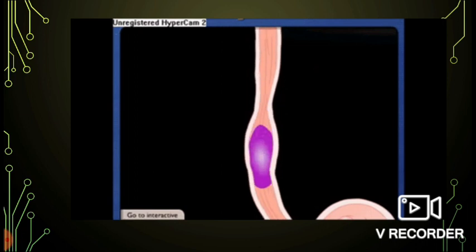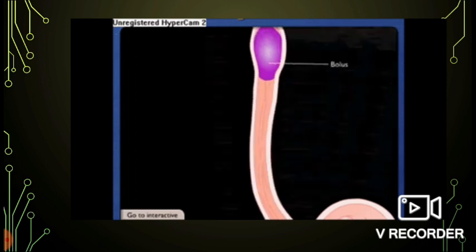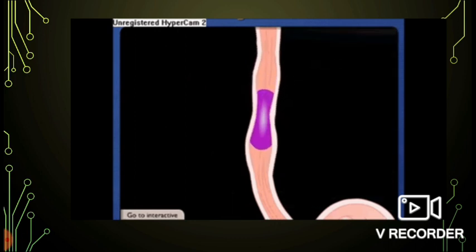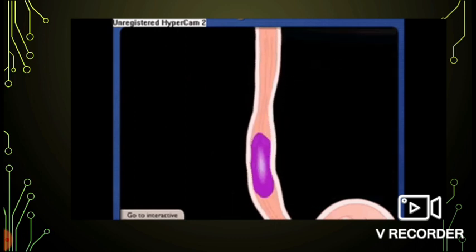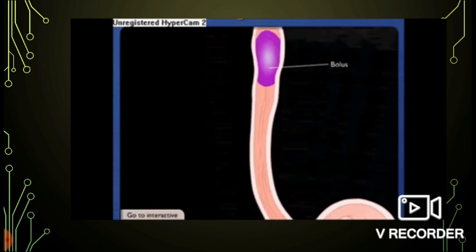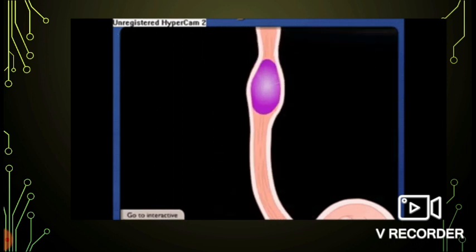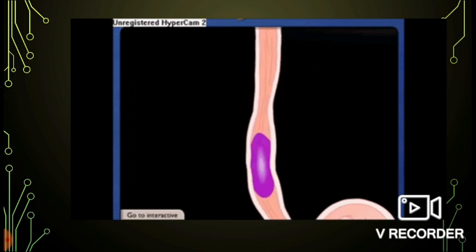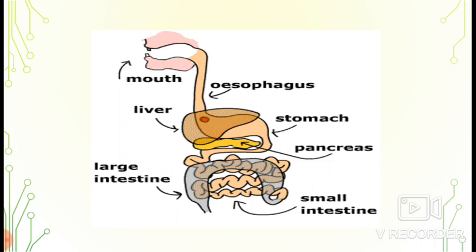It is flexible. Look at the slide. Since it is flexible, it can carry the food from the throat to the stomach easily, where the food is digested. Students, the esophagus is situated in the thoracic cavity. It is a part of the alimentary canal.